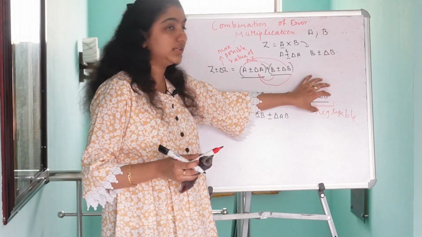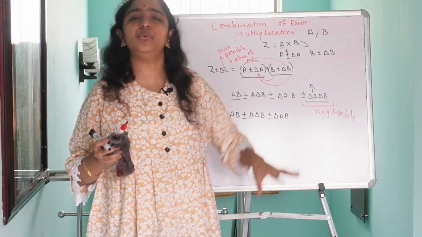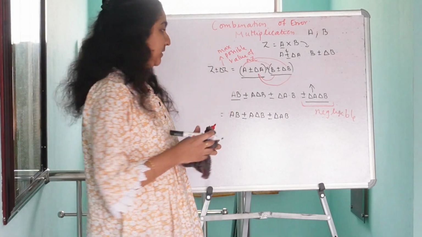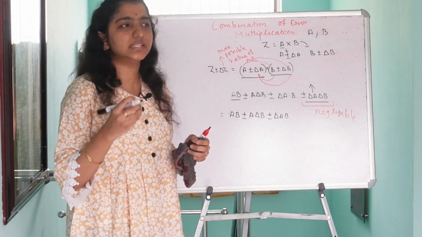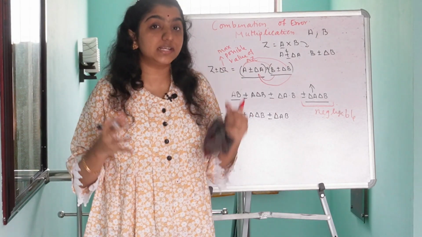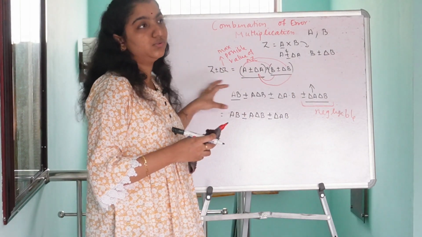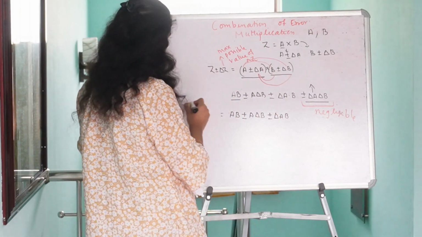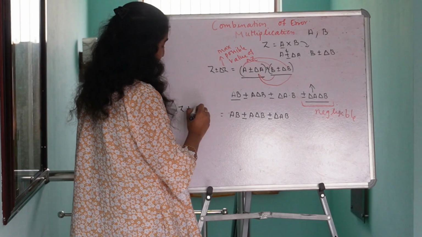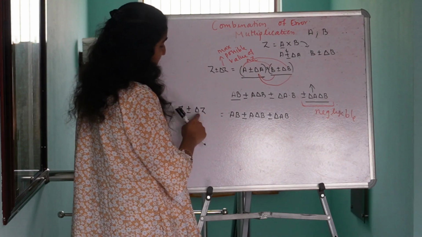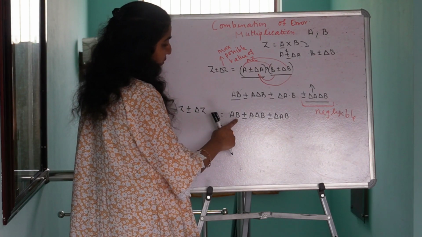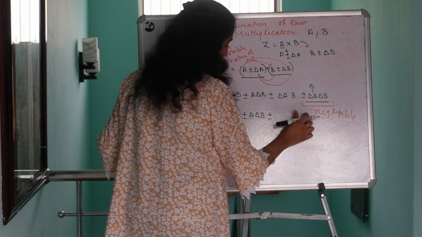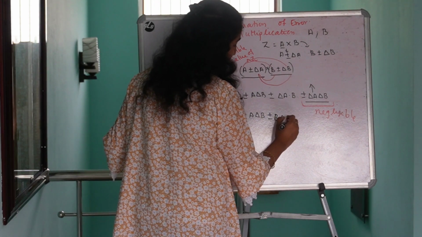Because the value of this term has very little effect on the whole value. So we neglected it. Now the equation becomes Z plus or minus del Z is equal to AB plus or minus A del B plus or minus B del A.